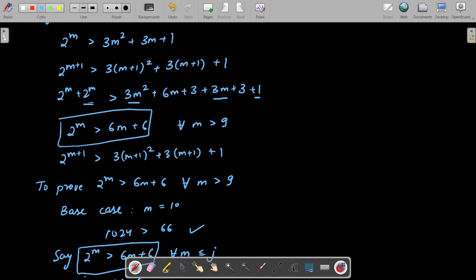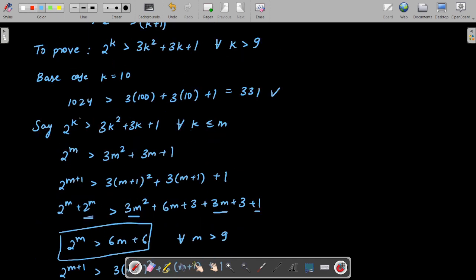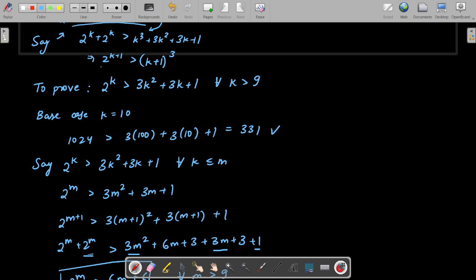Since we proved this, which essentially we needed to prove here, that 2 to the power k is greater than 3k square plus 3k plus 1, this essentially proves that 2 to the power k is greater than 3k square plus 3k plus 1 for all k greater than 9.